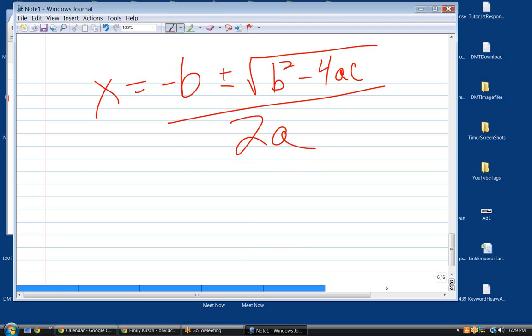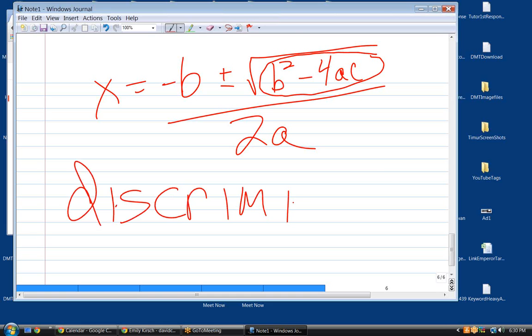Okay? And then the rest that makes it easy to memorize is this thing here inside the radical. It has its own name. It's that important. And the reason is because it's quite useful to analyze that before attempting to solve a quadratic, because that will tell you whether you have real solutions or imaginary solutions.